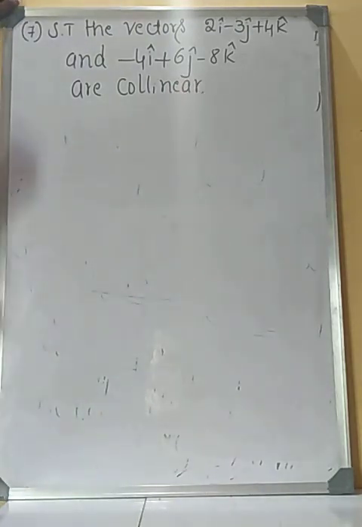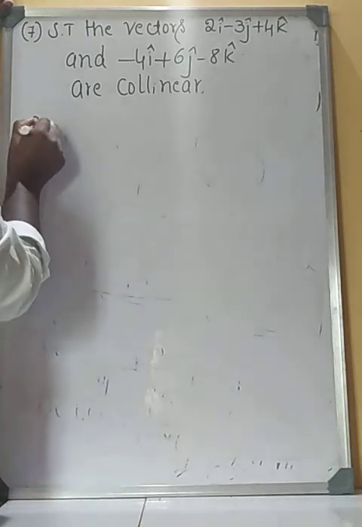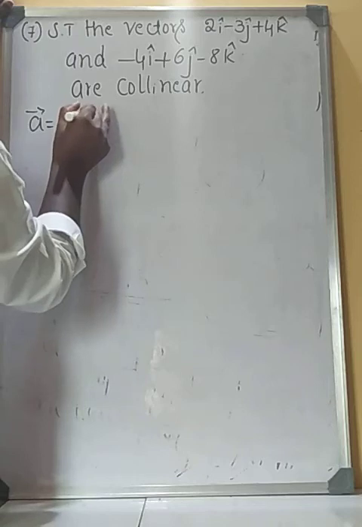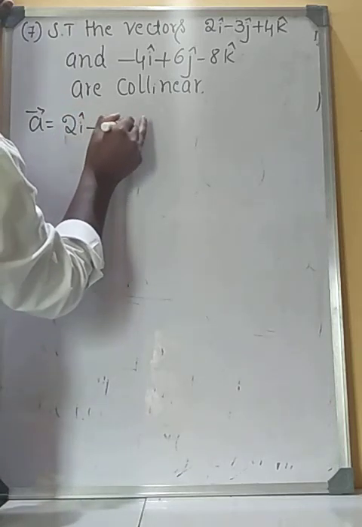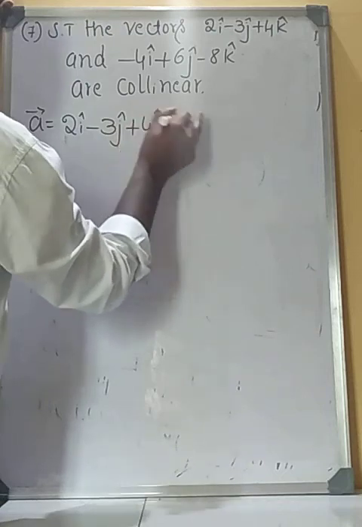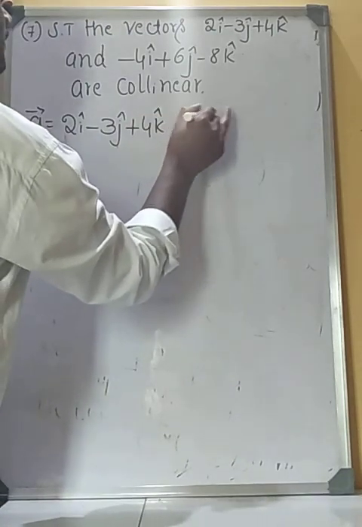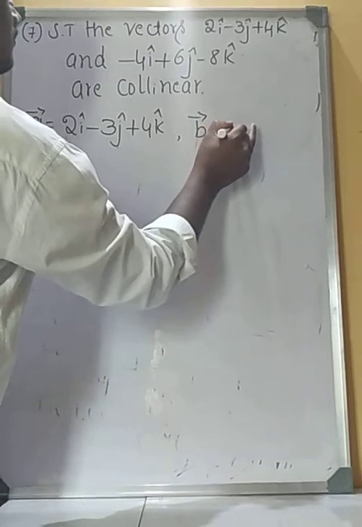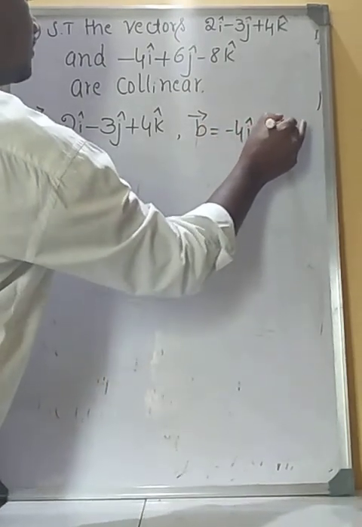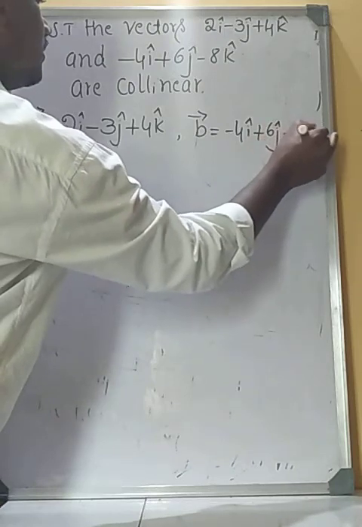Here vector A is equal to 2i minus 3j plus 4k and vector B is equal to minus 4i plus 6j minus 8k.